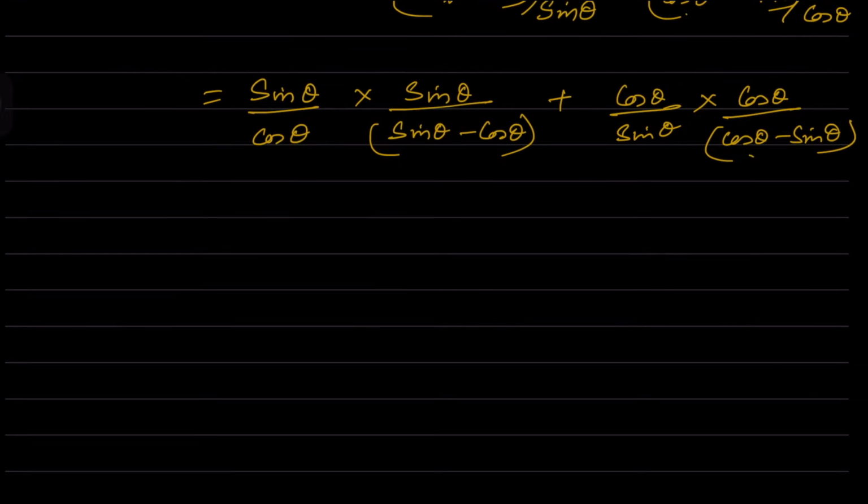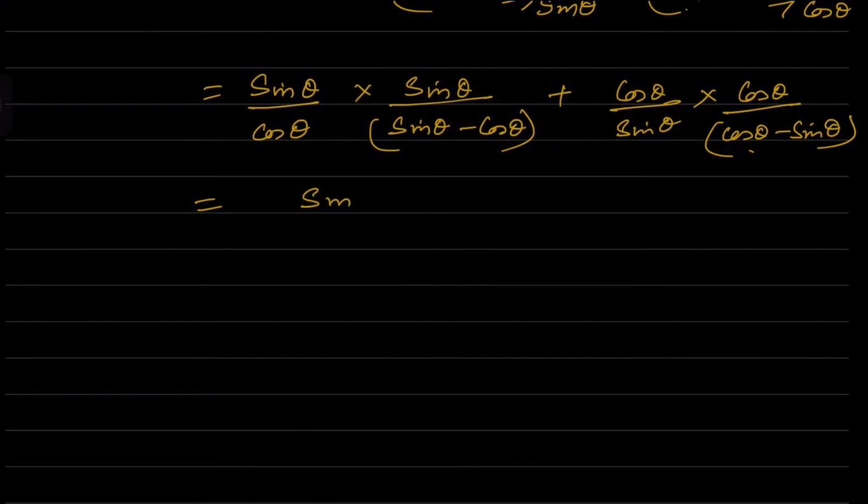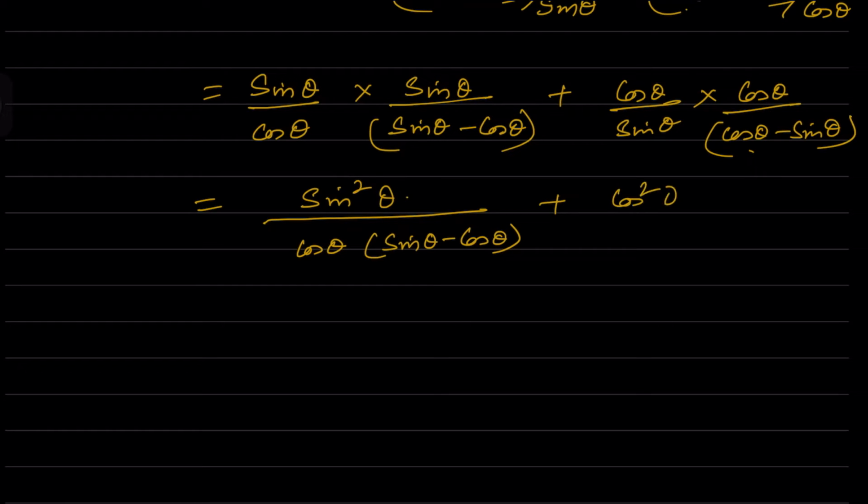So therefore you can write this as sin square theta by cos theta into sin theta minus cos theta plus cos square theta by sin theta into cos theta minus sin theta.